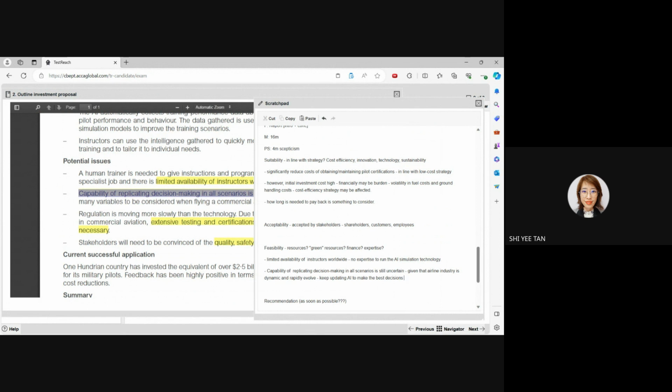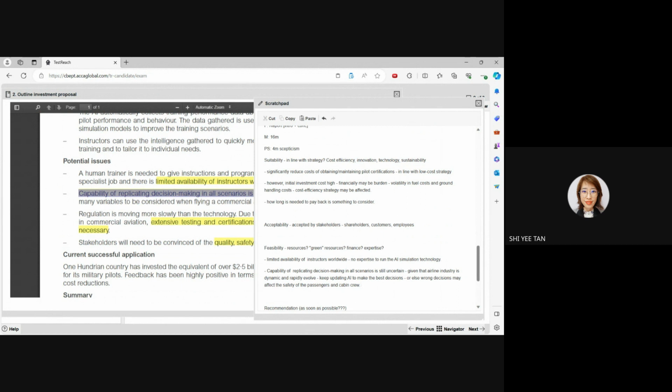Because they are training pilots and cabin crew. Wrong decisions may affect the safety of the passengers and cabin crew. So this is significant. To me, this is significant. Whether this AI is able to be trusted or not, that's something that is very, very questionable.